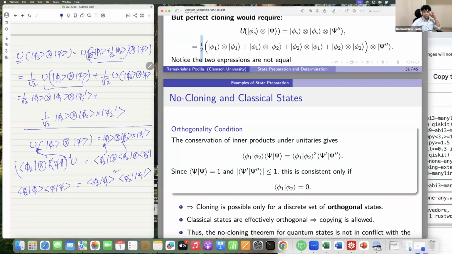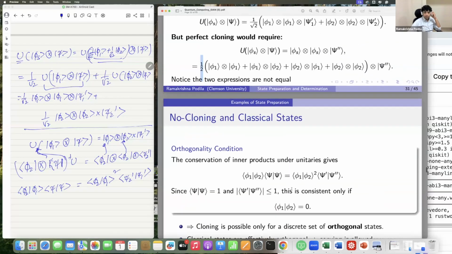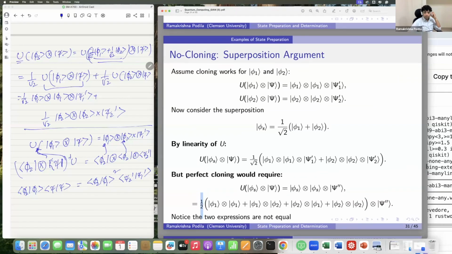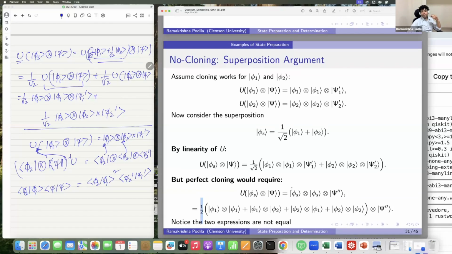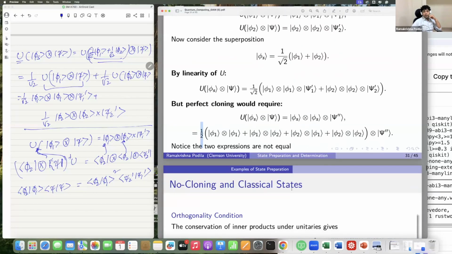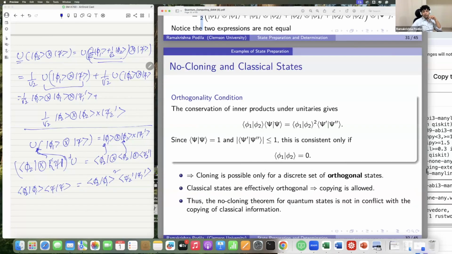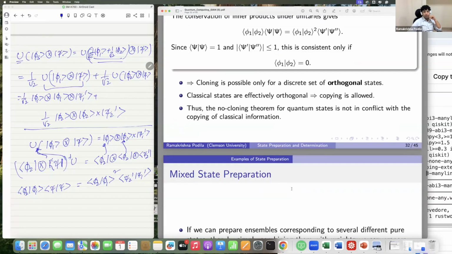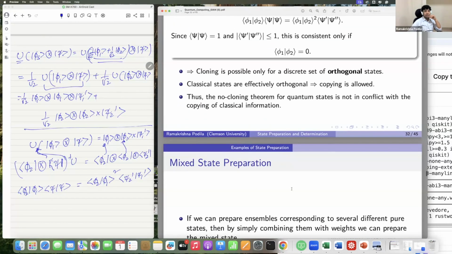Was there a question? Okay. So that's what we mean to say, that cloning is possible only when you have a discrete set of orthogonal states. Any questions?